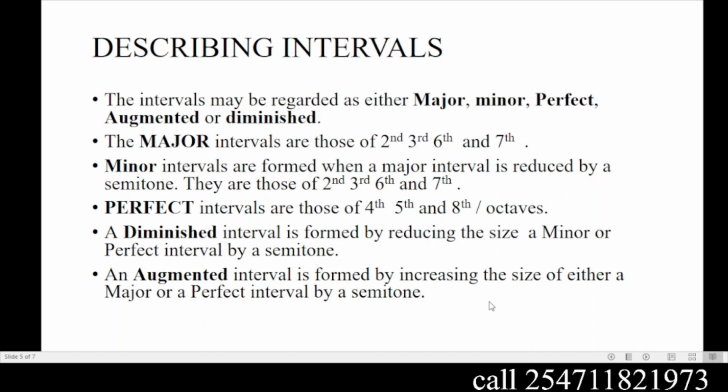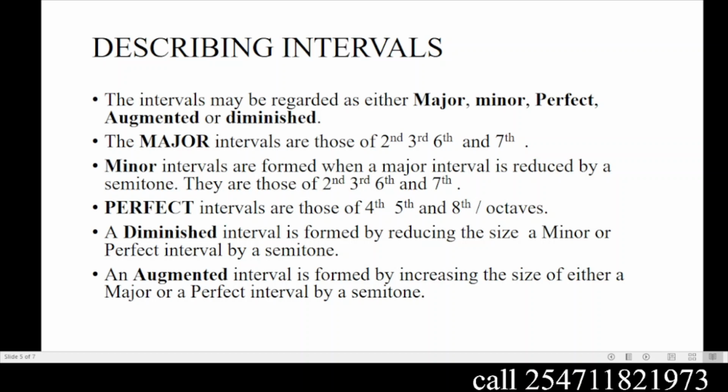Now, describing intervals. Intervals may be regarded as either major, minor, perfect, augmented, or diminished. So when describing intervals, you are only supposed to say a major seventh or a minor seventh, a perfect what, an augmented what, or a diminished what. Those are how you describe them.